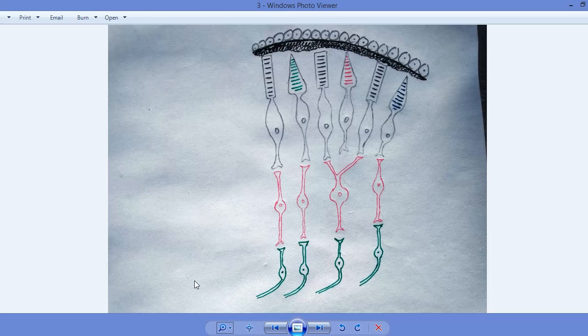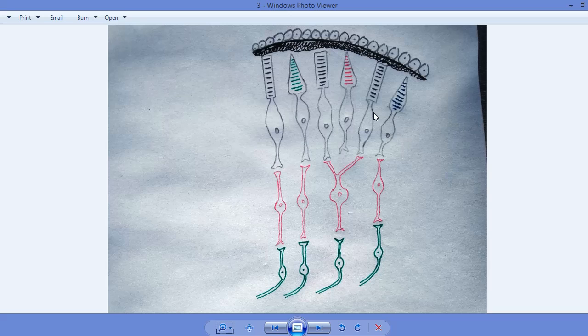So once again, you should listen very carefully: when there is no image, when your eyes are closed, these bipolar cells are continuously inhibited by rods and cones.